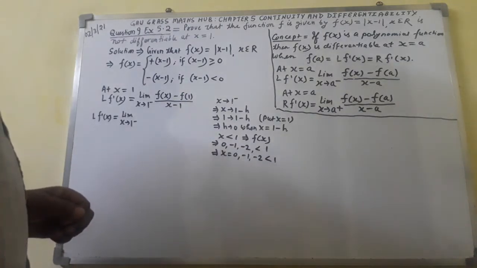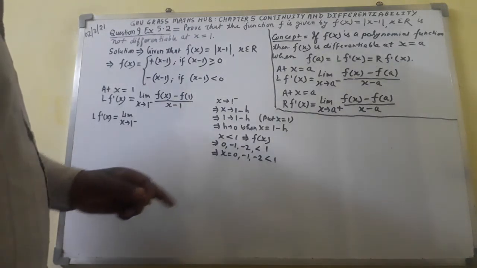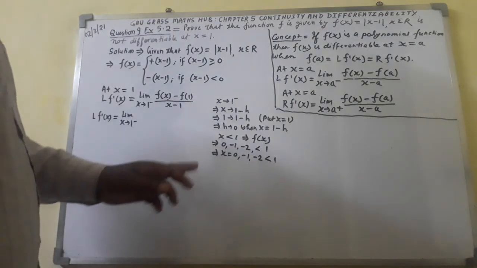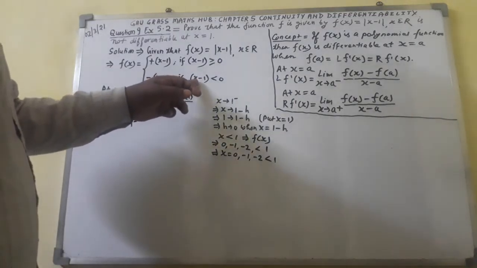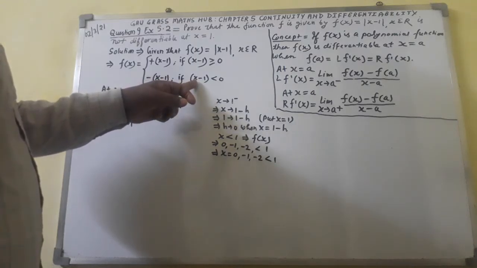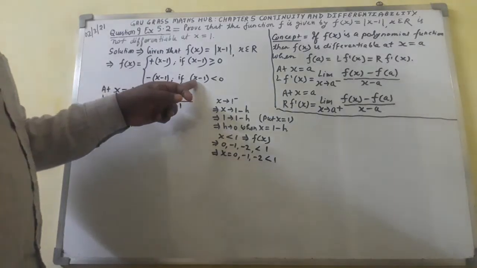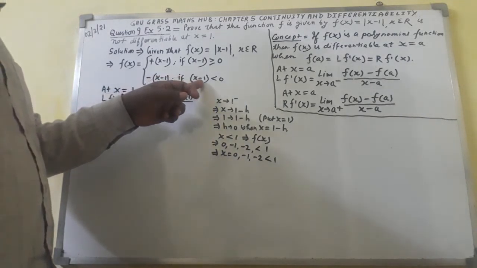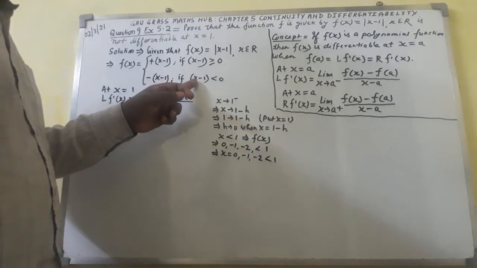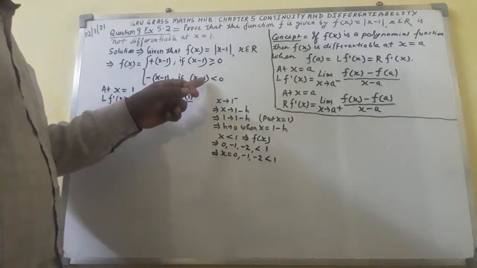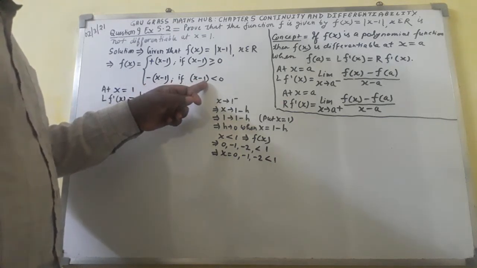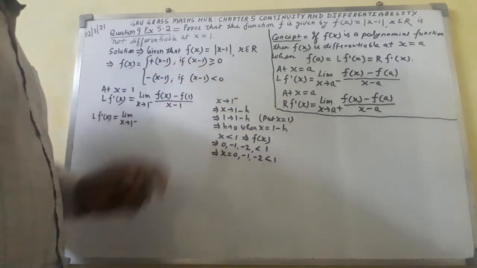So here you can see, 0 less than 1, x ka value less than 1. If you put here x equal to 0, it will become minus 1 is less than 0. If we put here minus 1, minus 1 minus 1 comes out to here minus 2 is less than 0, verified.